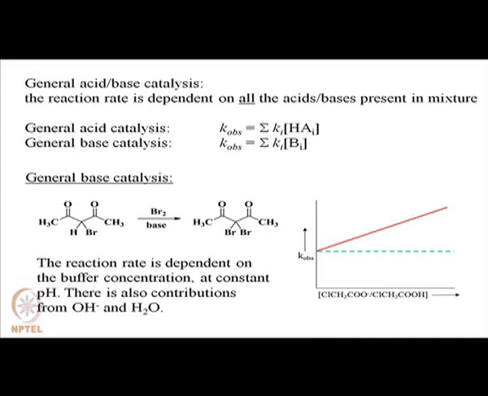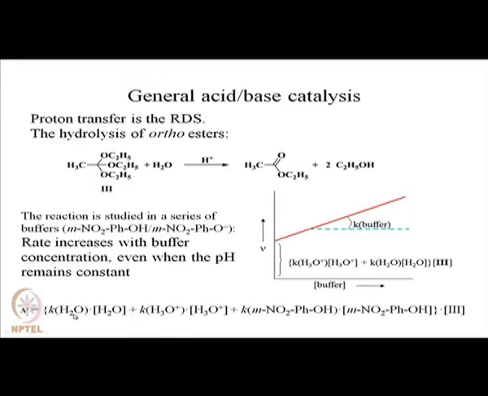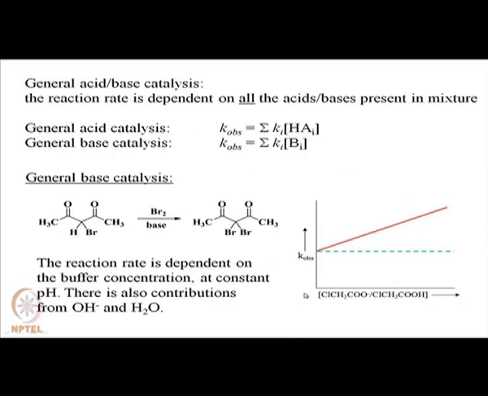Next slide, general acid base catalysis. The reaction rate is dependent on all the acid bases present in a mixture, as I told you, that maybe this is a base, this is an acid, and this is also an acid. So, that is why the contribution from all of them is in action.